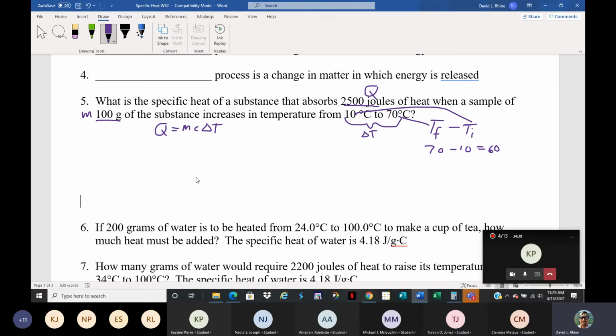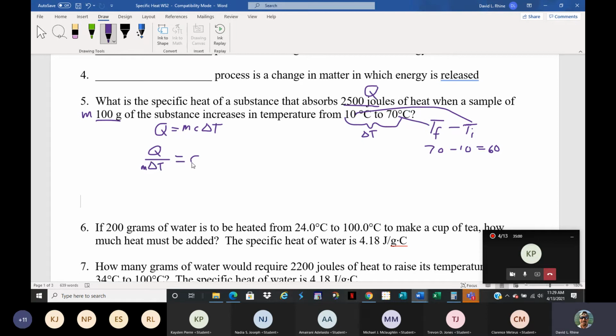All right. As I said before, so rudely interrupted. We take this and solve it for little c. So I'll just do it this way. C is just going to be Q divided by anything over here that we need to get rid of. We need to get rid of M and delta T, right?